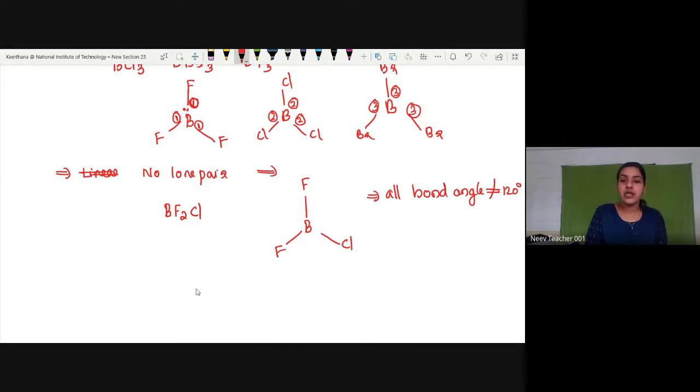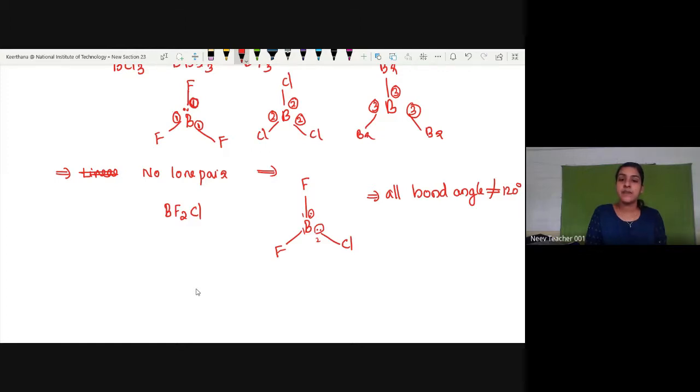So the electron cloud density around the boron atom due to the BF bond is less as compared to the electron cloud density due to the BCl bond. Let's consider this is giving 1, and this will be 2. The electron cloud density around the central atom is more due to the BCl bond when you're comparing with the two BF bonds.